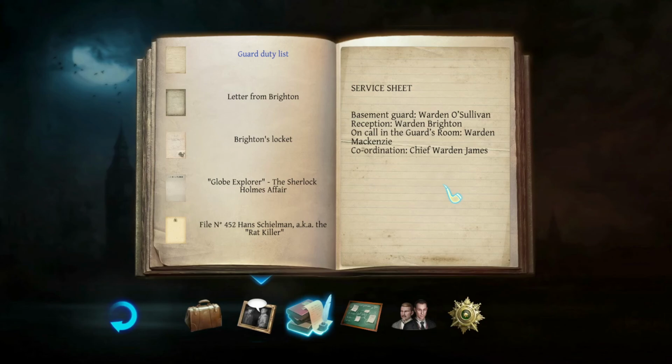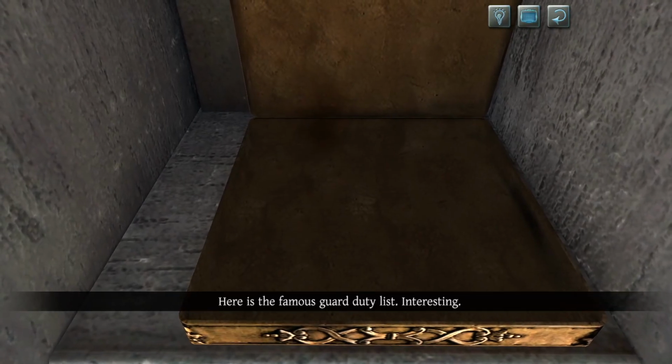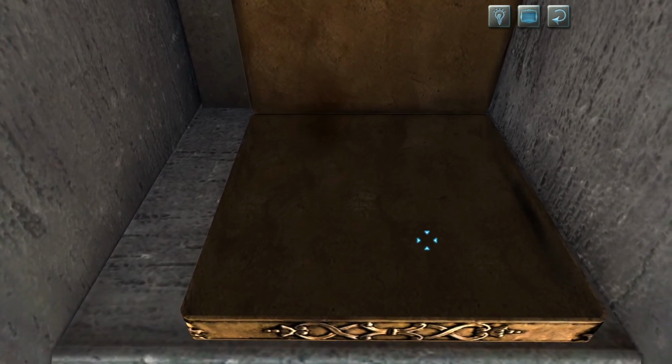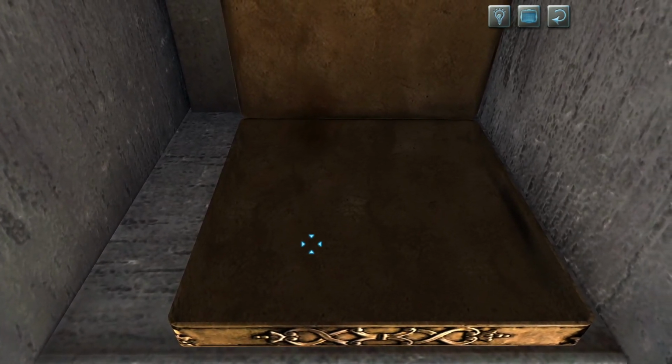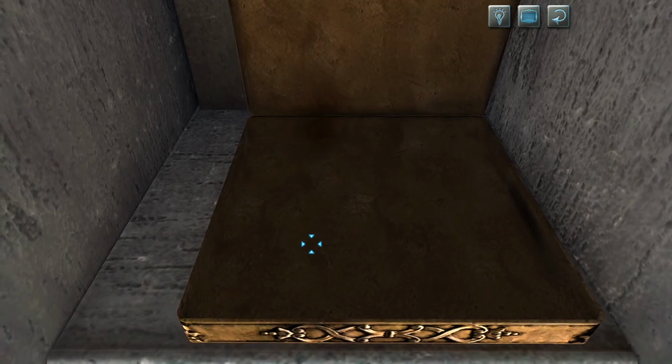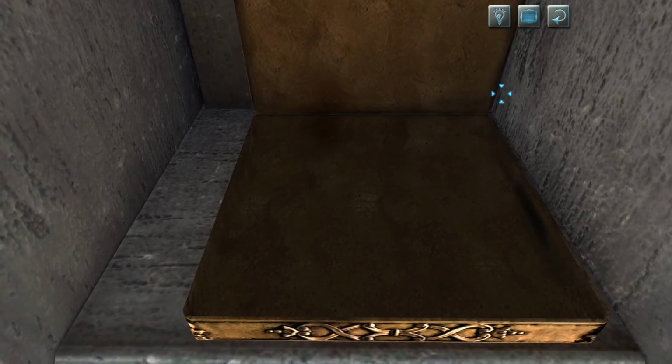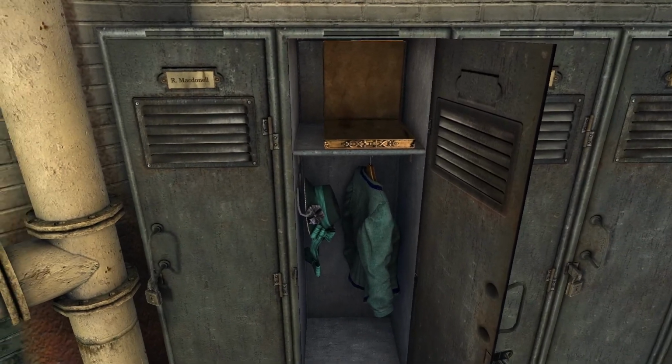Reception, Warden Brighton. On call in the guard room, Warden Mackenzie. Coordination, Chief Warden James. Here is the famous guard duty list. Interesting. So we have everything. So I think we need to get that guard list to Jenny. I'm guessing.